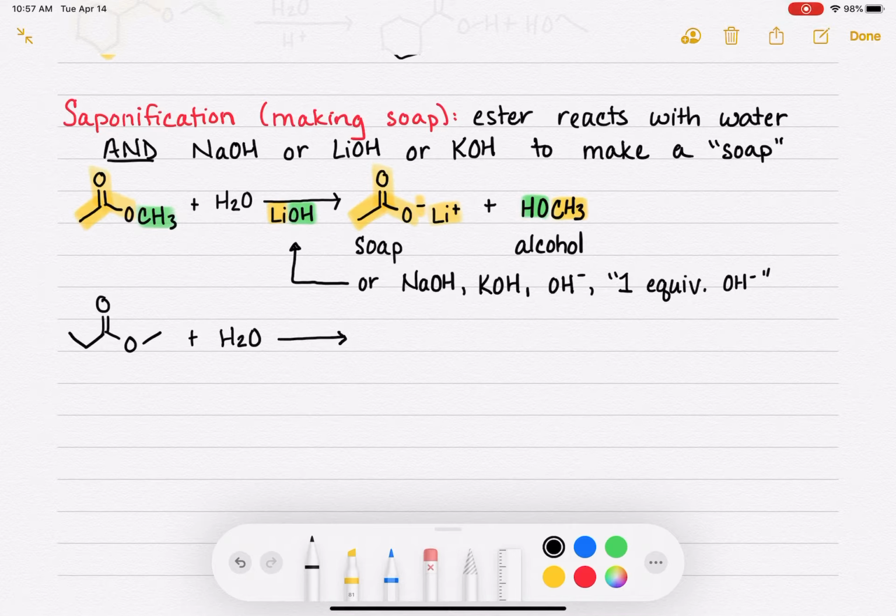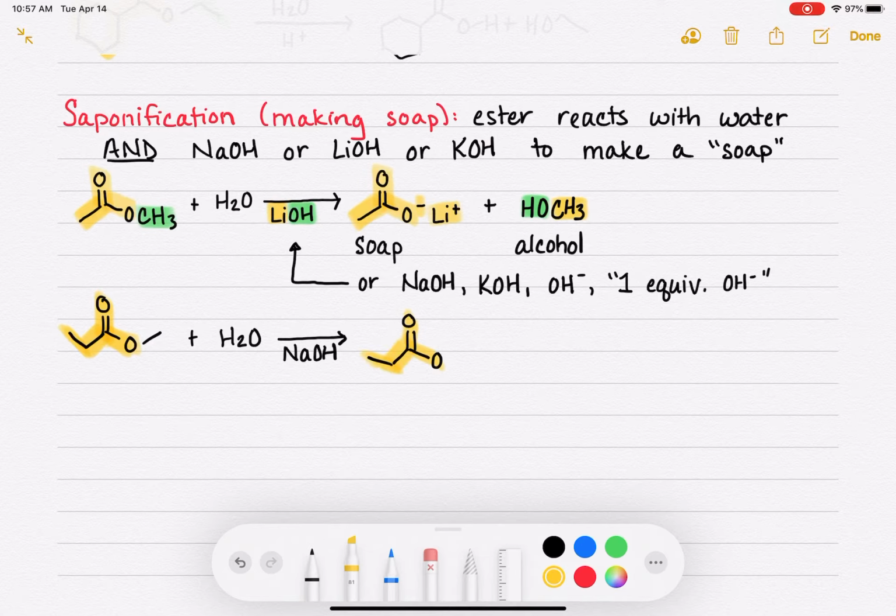And the first one that I'm going to do, let's do NaOH. So for the product, we're going to take our carbon-oxygen double bond and our carbon-oxygen single bond, and the other thing that's attached to the carbon-oxygen double bond, that stays there.